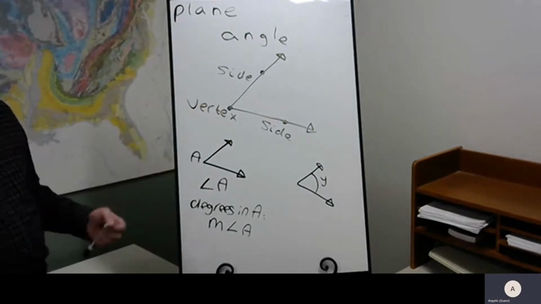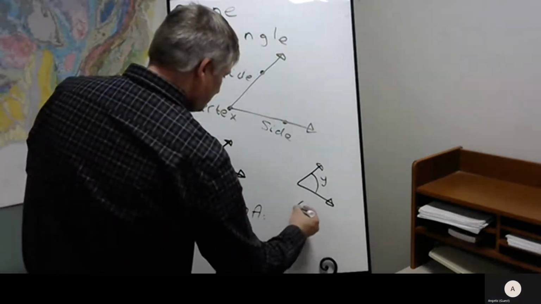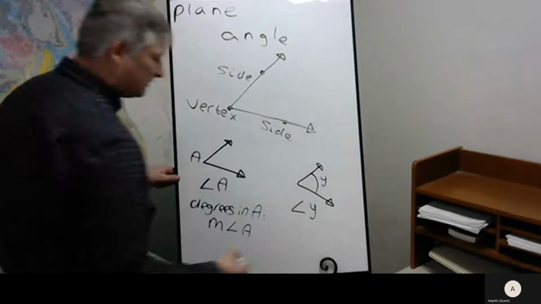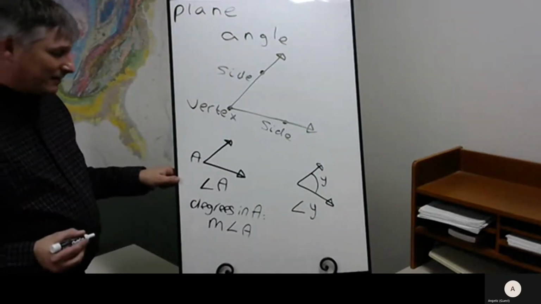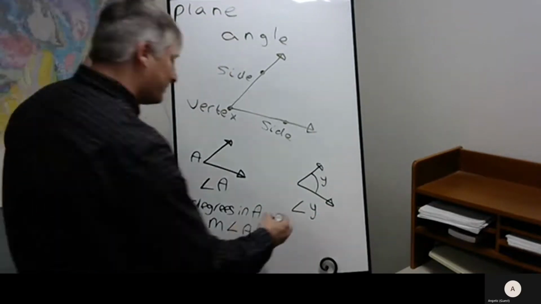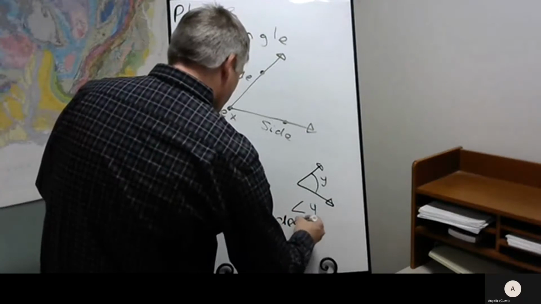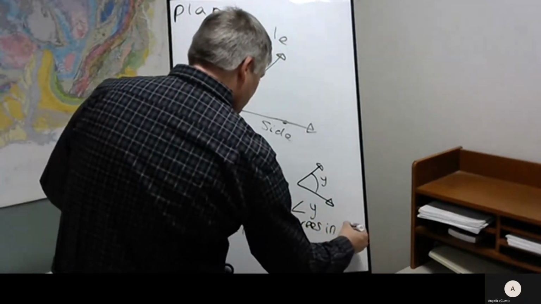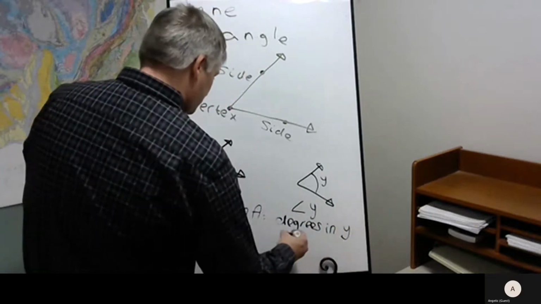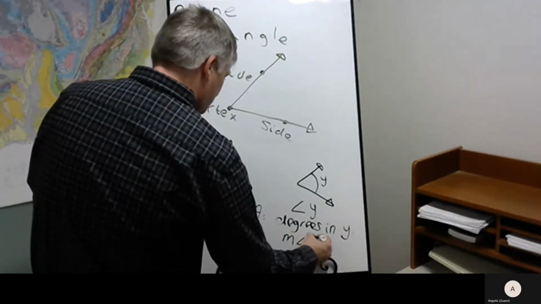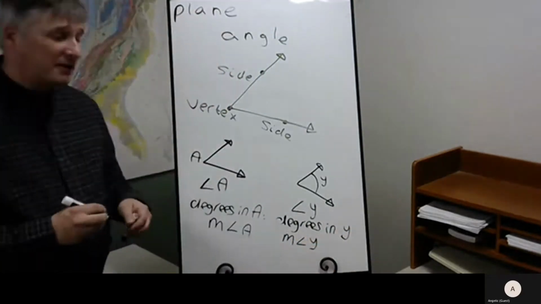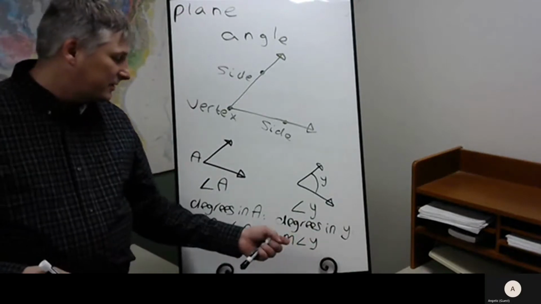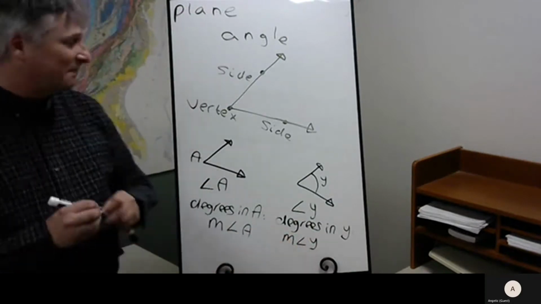Sometimes angles are referred to as this. So that's angle Y. And then the degrees at angle Y, same thing. The measure of the degrees in angle Y.